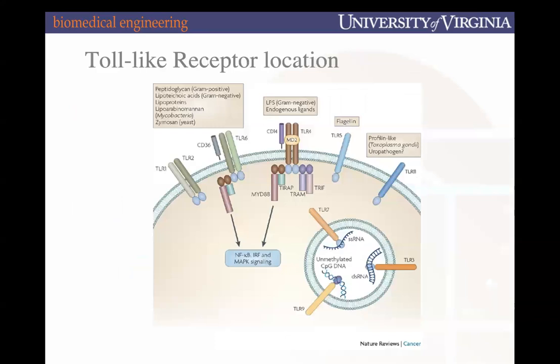And so this is a quick illustration of where the different Toll-like receptors are expressed. And particularly TLR3, 7, and 9 are usually expressed along an endosome where these engulfed pathogens are being destroyed, and where they would see their respective ligands.